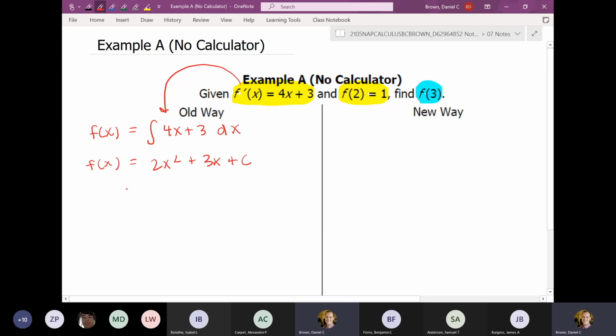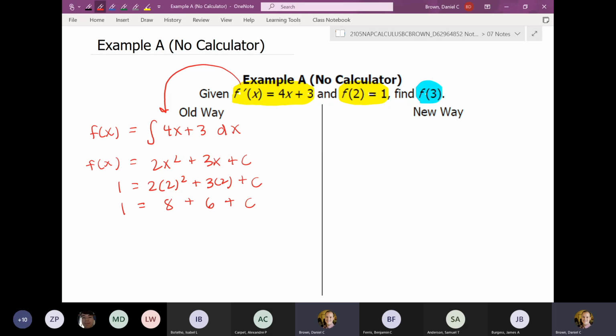Using your initial condition, 1 is equal to 2 times 4, plus 3 times 2, plus c, plugging in 2 for x. And then we can easily solve for c. We do see that c is equal to negative 13.